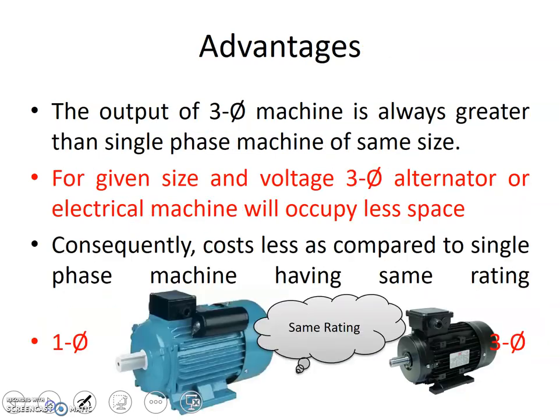Okay, so let's start with the first advantage. The output of the three-phase machine is always greater than a single-phase machine of the same size. So in other words, for a given size and voltage, a three-phase alternator or electrical machine will occupy less space and consequently will cost less.